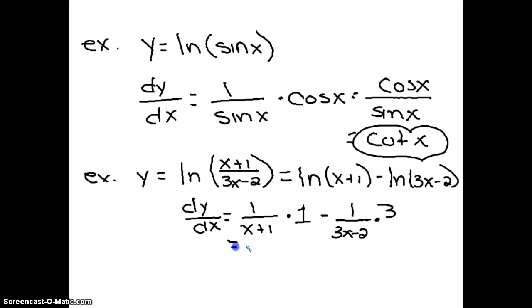So I would get 1 over x plus 1 minus 3 over 3x minus 2.